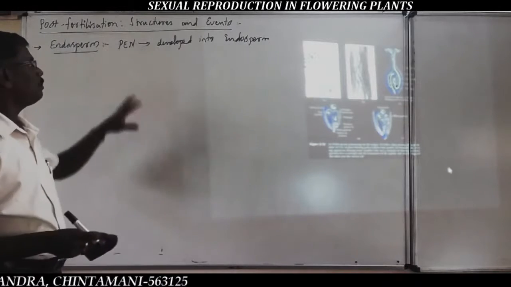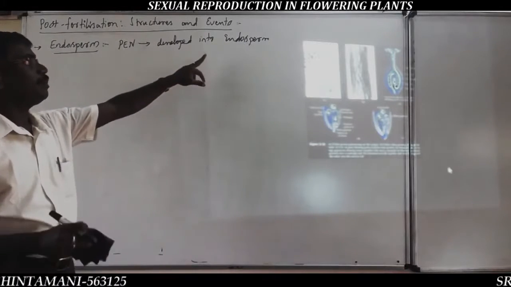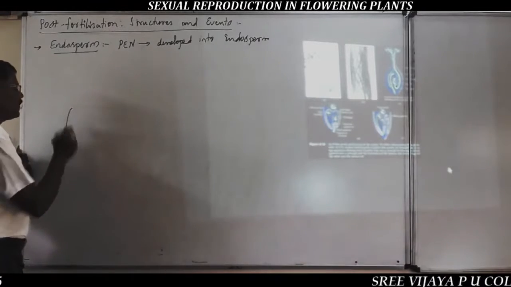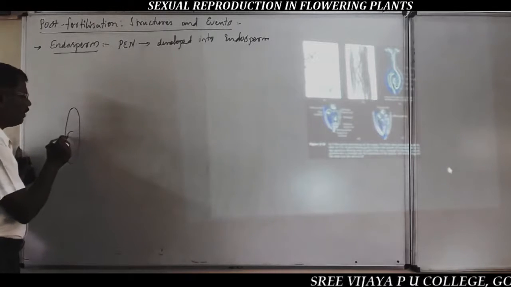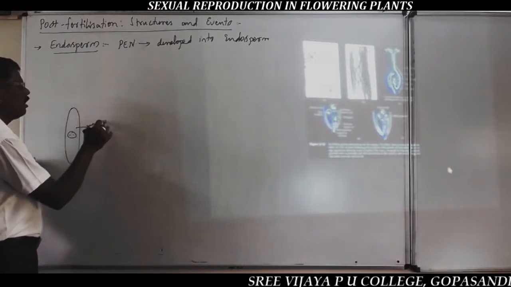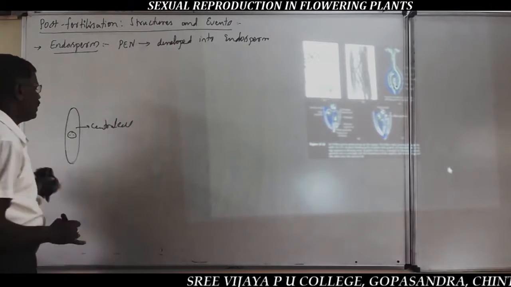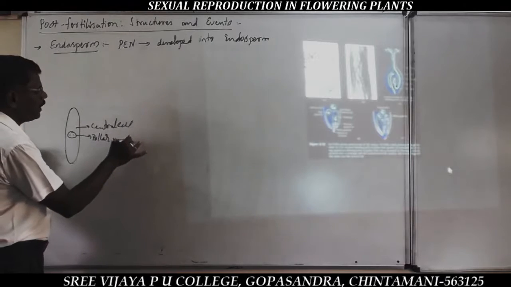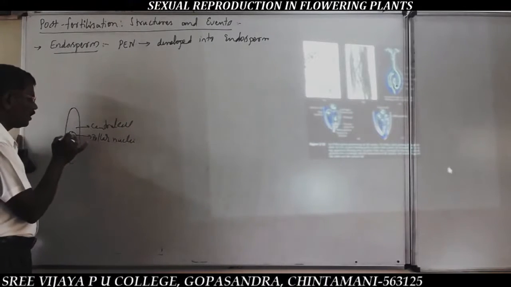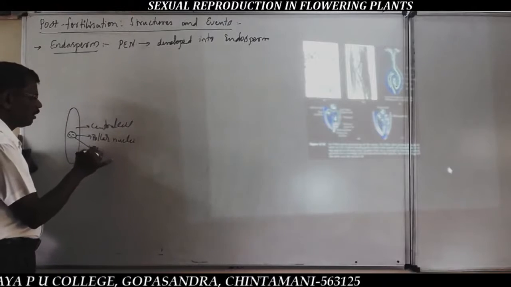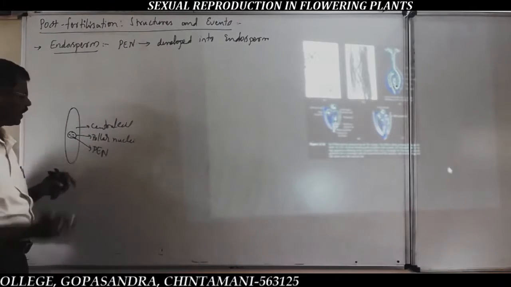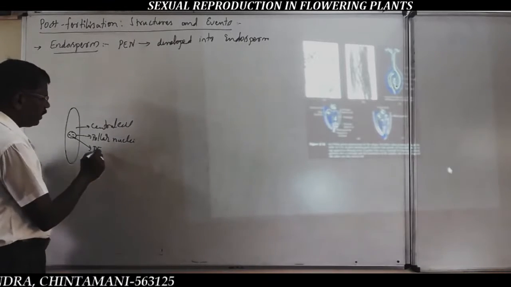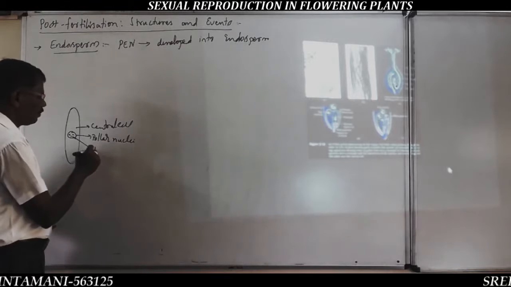The development of endosperm takes place from the primary endosperm cell. In the embryo sac, as we said previously, the central cell has polar nuclei. These polar nuclei fuse with the second male gamete, which leads to the formation of the primary endosperm cell.